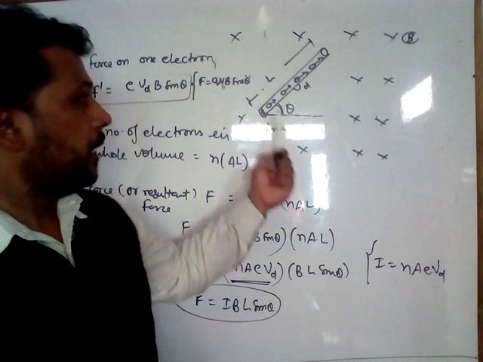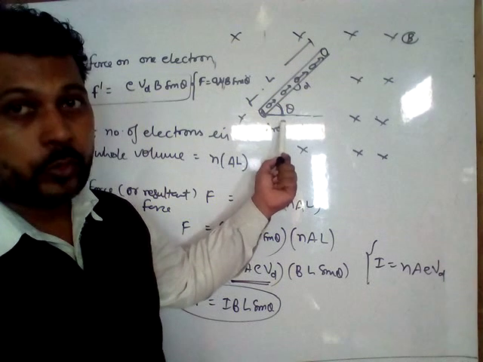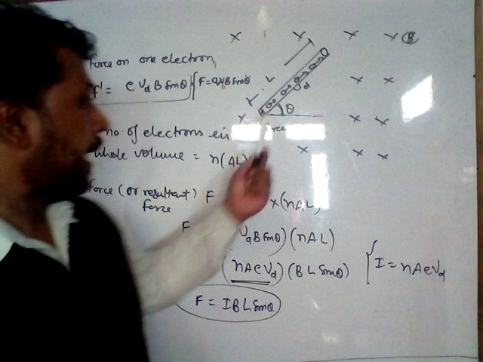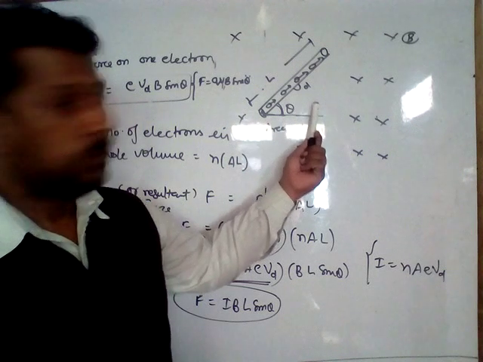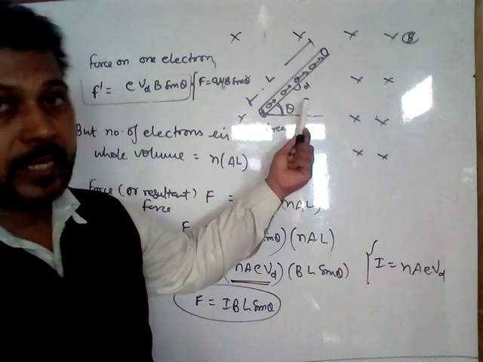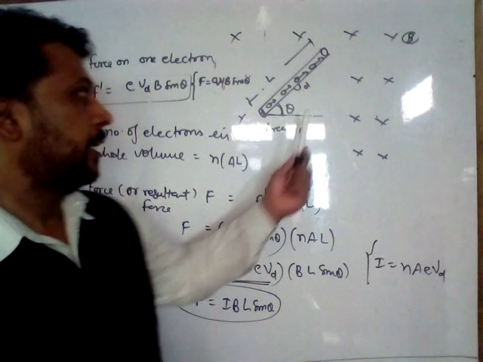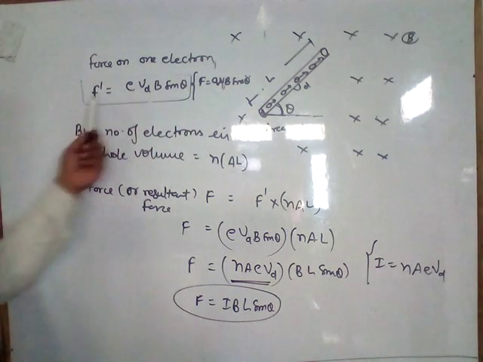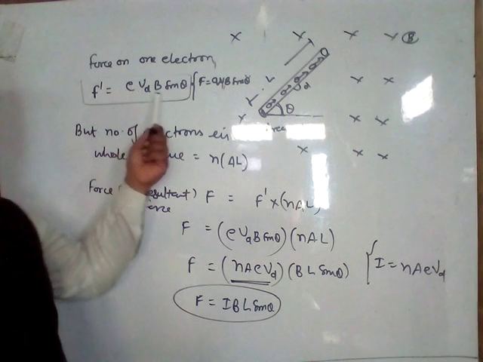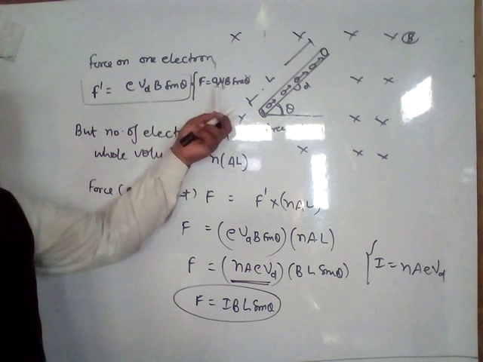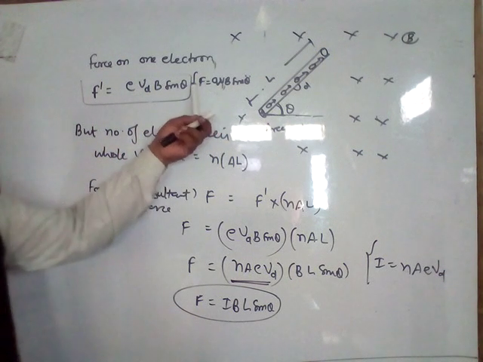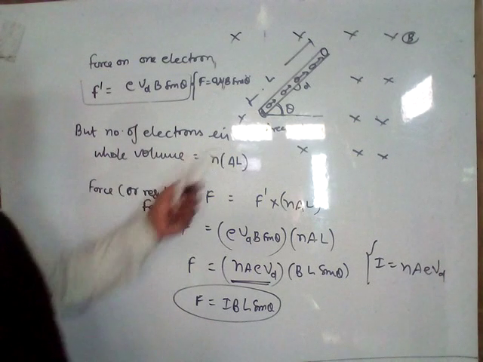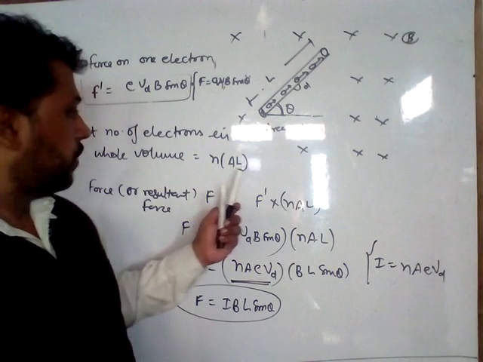Again, this is a conductor whose length is L and its cross sectional area is capital A. It is placed at an angle theta from the uniform magnetic field. Here the number of electrons per unit volume is n and each electron is moving with average velocity or drift velocity Vd. So the force on one electron is F dash equals eVdB sin theta, according to F equals qVB sin theta, and the total number of electrons in the complete volume is nAL.